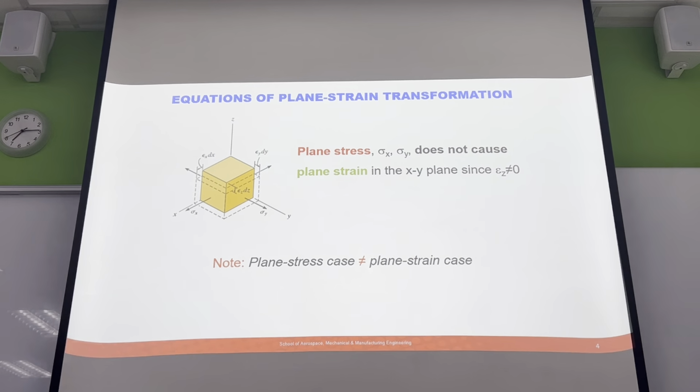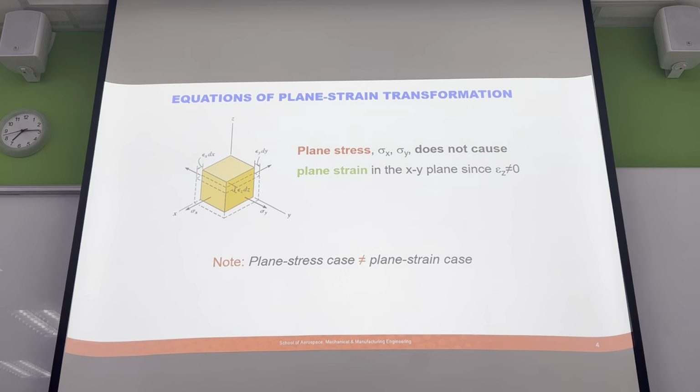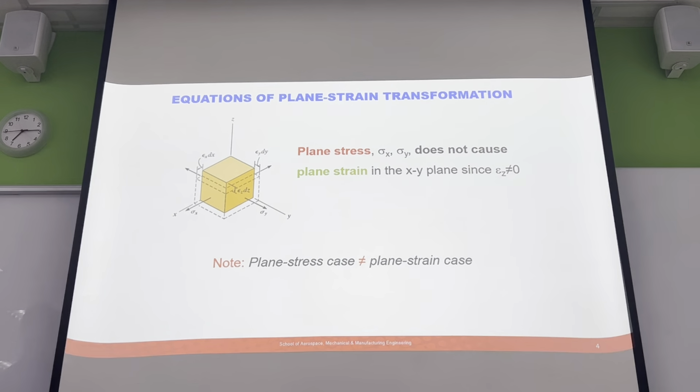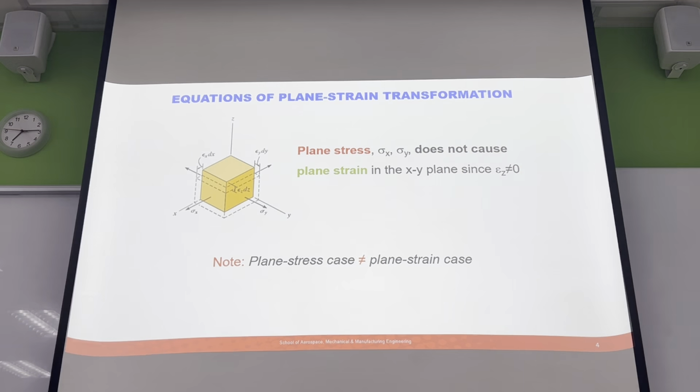Right? So that means that all of the strain is occurring on this XY plane. So that case where there's no deflection in the z direction is known as plane strain, because all of the strain occurs on that plane.